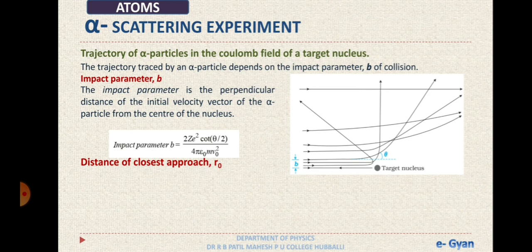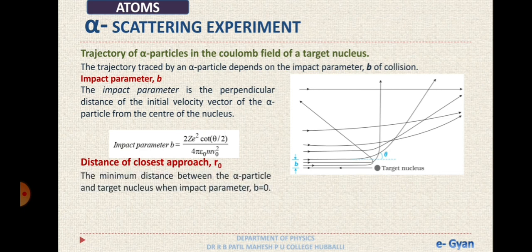The second factor that becomes most important in understanding the trajectory is the distance of closest approach r₀, the minimum distance between the alpha particle and the target nucleus when the impact parameter b is equal to 0.